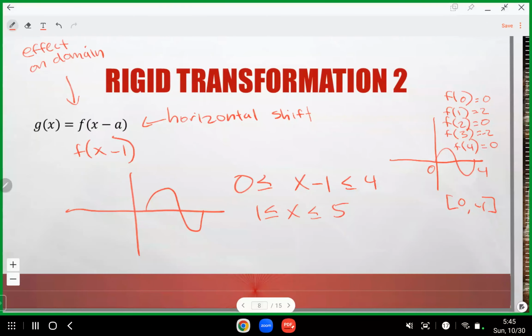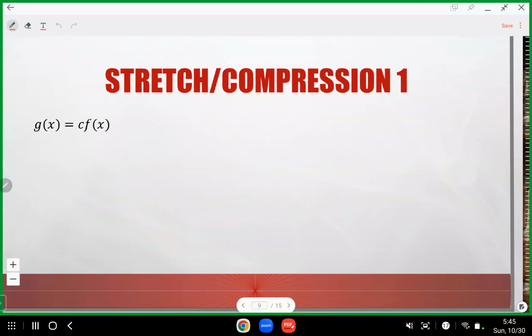Okay, so now let's go to stretch slash compression 1. All right, this is when we're multiplying something to the y value. Okay, we're running out of time, so I'm just going to show you what happens, right? This is going to be a vertical stretch, all right? So when we multiply c to it, basically we're directly multiplying the y value, right?